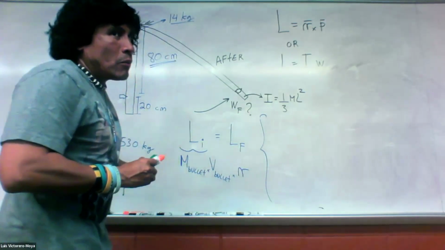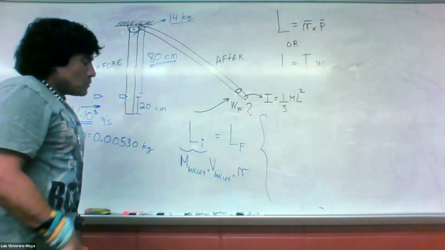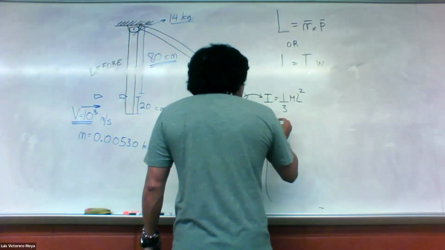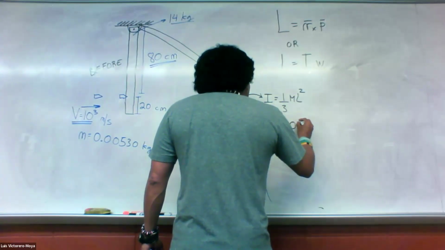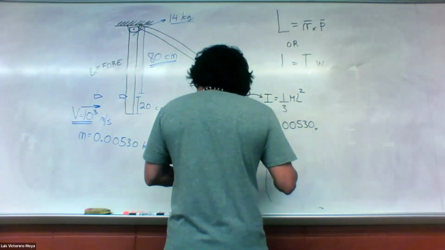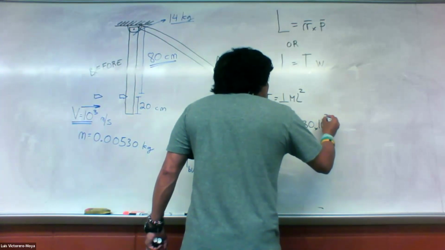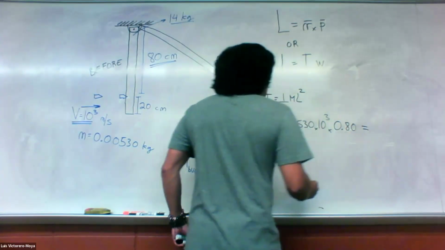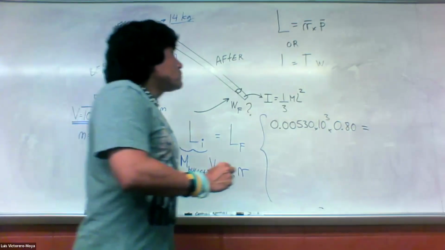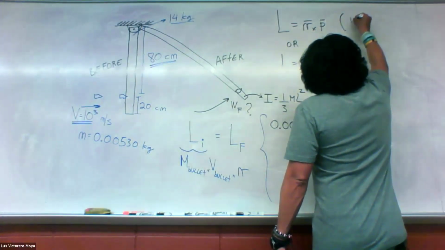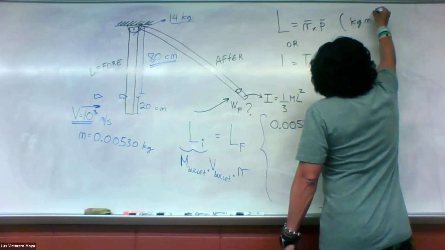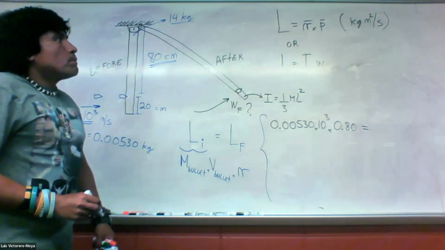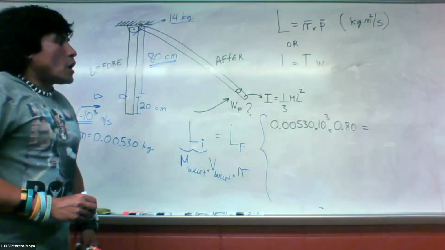So yeah, the bullet has angular momentum respect to the axis of rotation. So the equation will be mass of the bullet times 1,000 times 0.80. Oh yeah, the units for angular momentum are kilogram meter squared per second. Okay? All right.